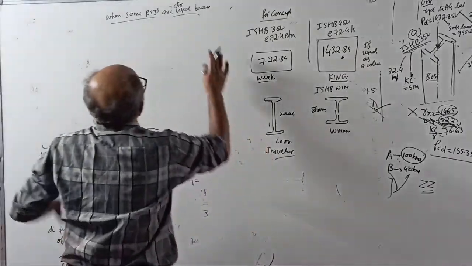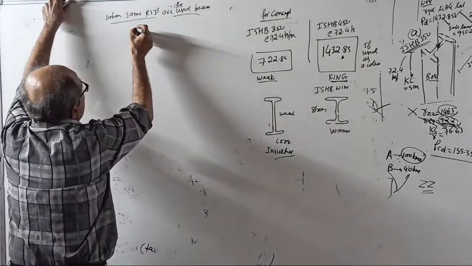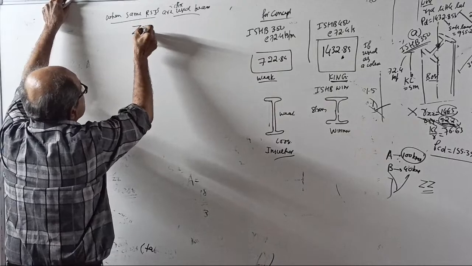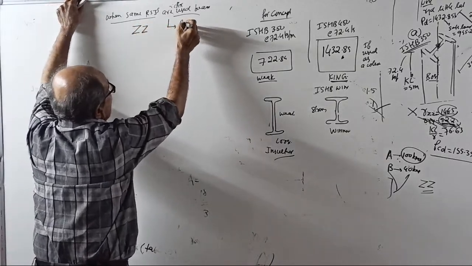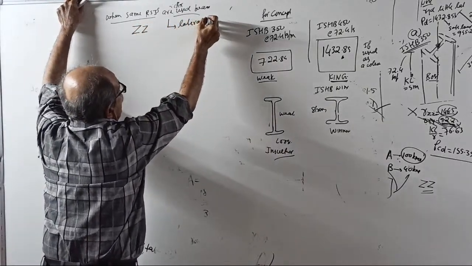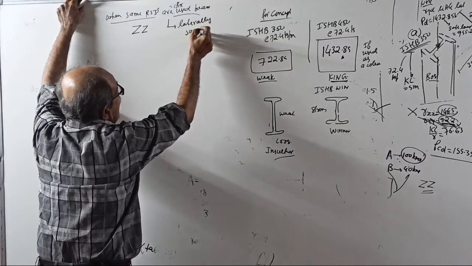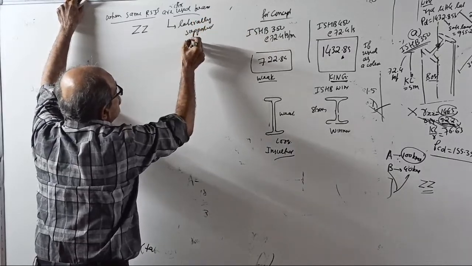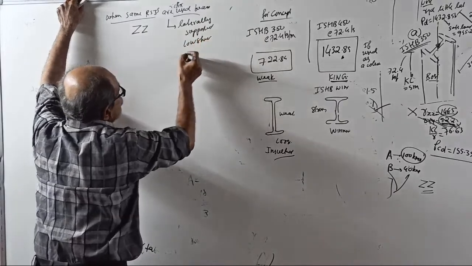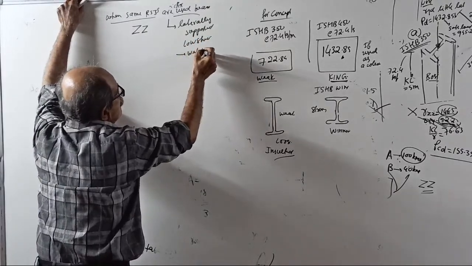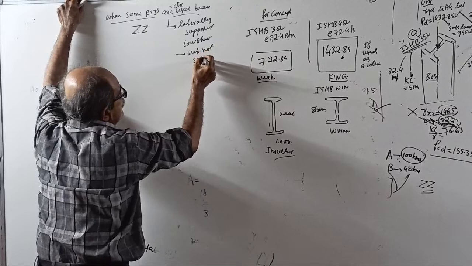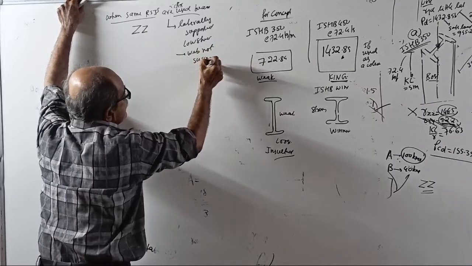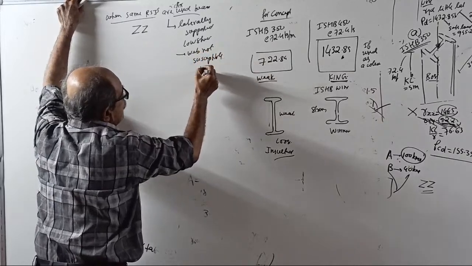Now when you use it as a beam, then only the ZZ axis counts. Imagine laterally supported, with low shear, and also assume the web is not susceptible to shear buckling.